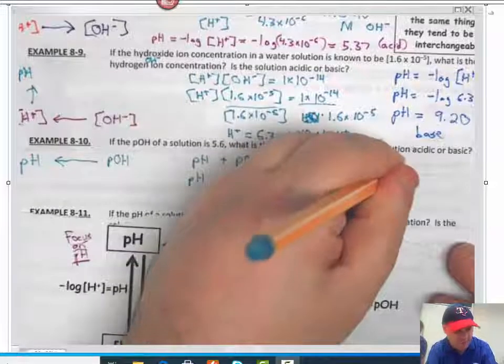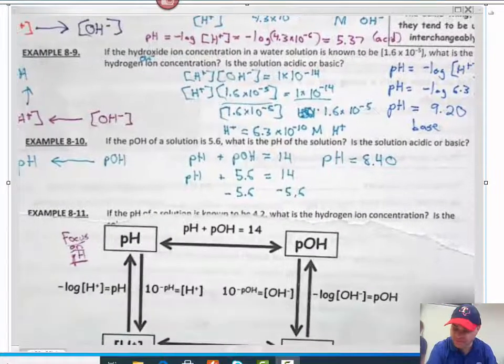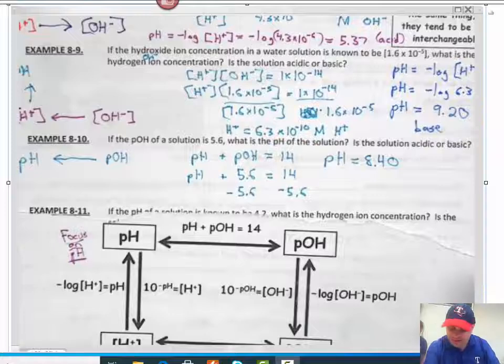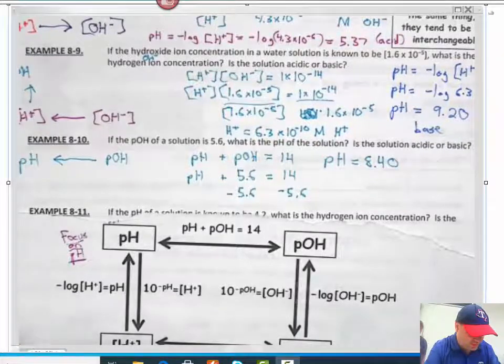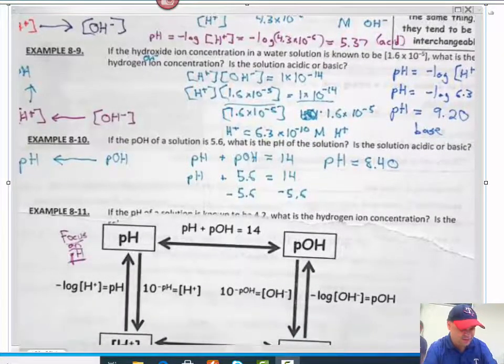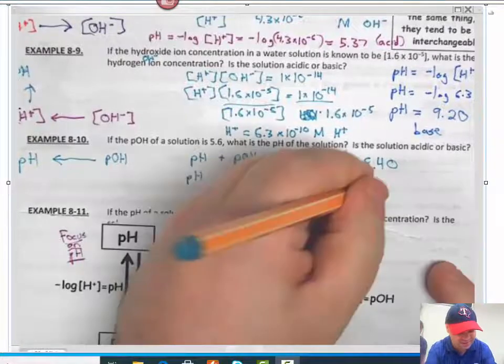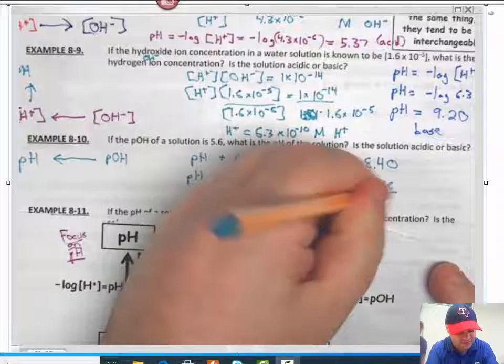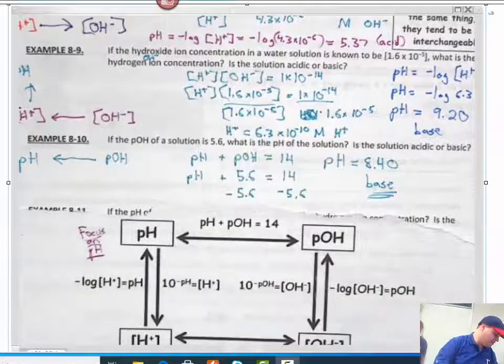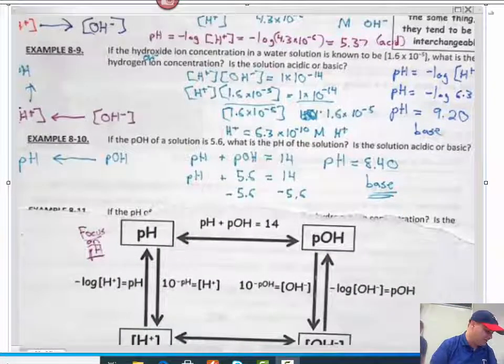And I should put 8.40 because I want to round them to hundredths places. Okay. And then since the pH is above 7, we know that this is a base because we have to focus on the pH to determine if it's an acid or a base.